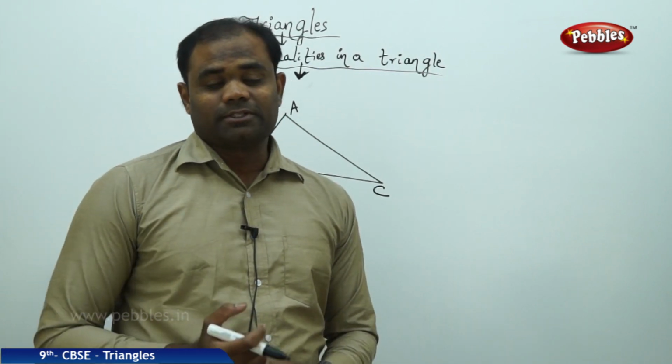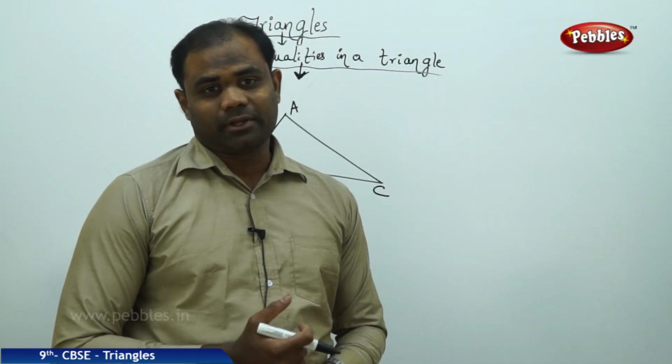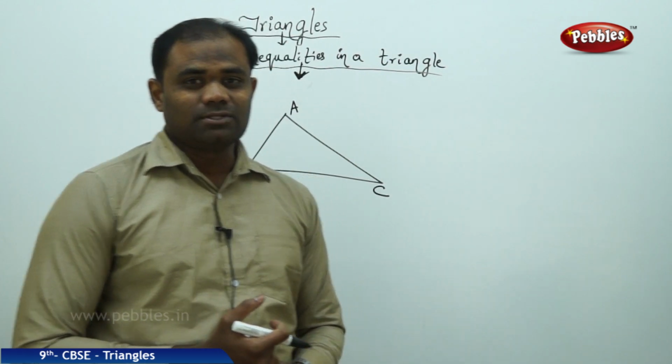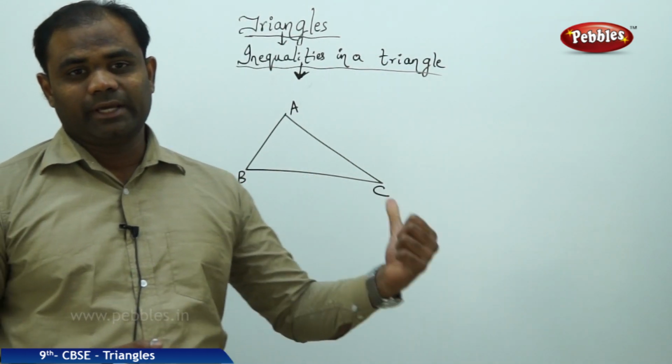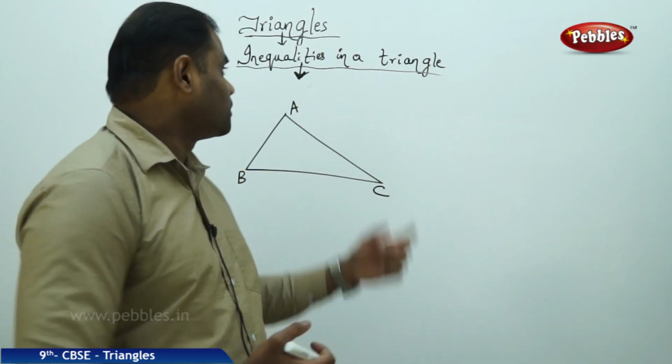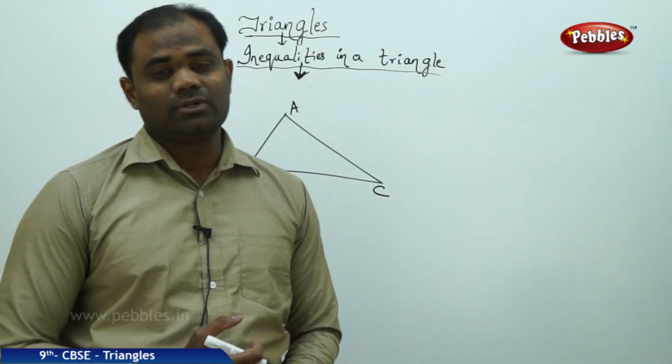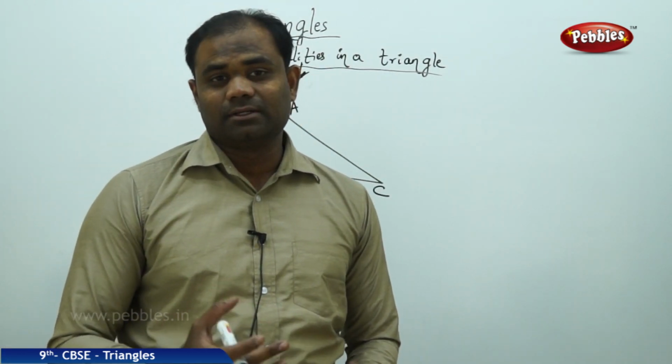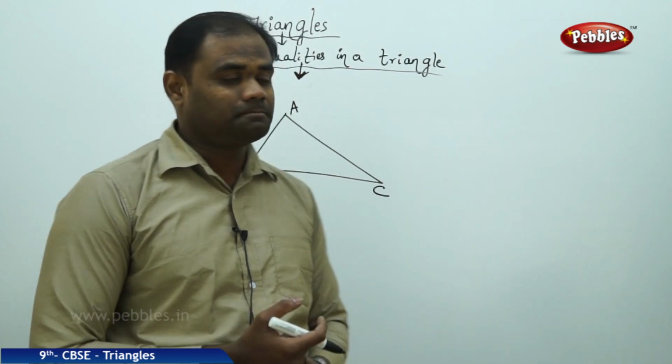So what is the property which connects all the three sides in a triangle? This property is one of the most important properties in the inequality properties in a triangle. So let's see the property connecting the three sides of a triangle.